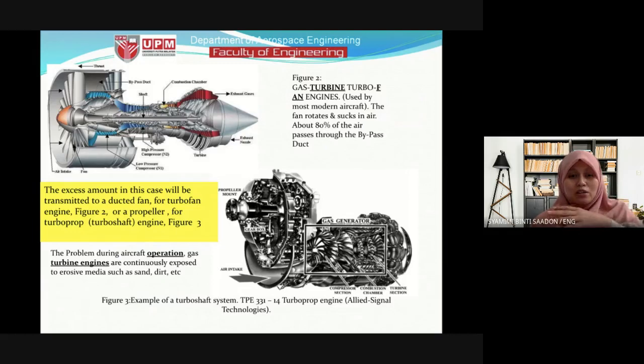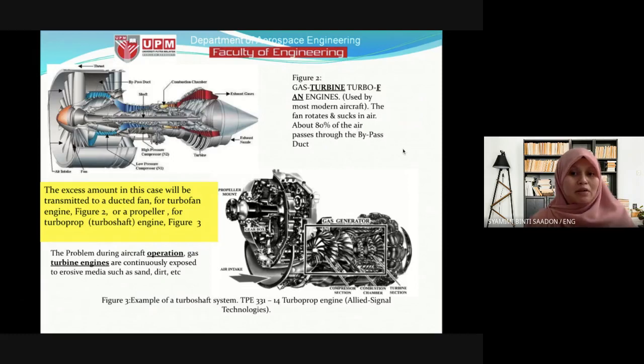The usual one is the core engine, as in the normal turbojet or gas turbine engine, and the other one is the bypass duct, where the extra air will flow. The fan will rotate. This is mainly used for modern civil commercial aircraft. The fan rotates and sucks in air.